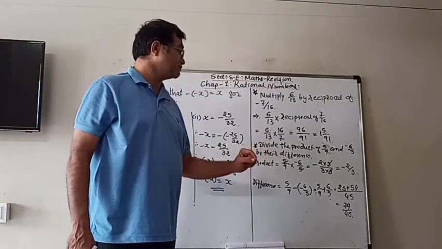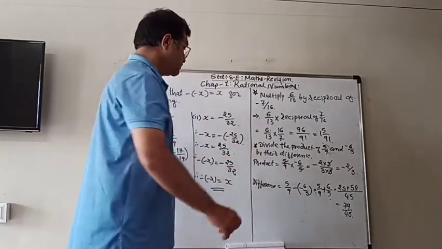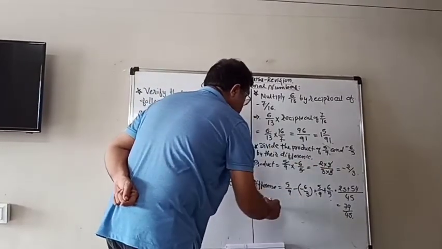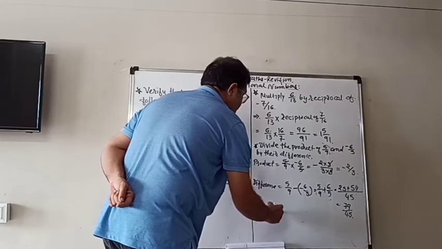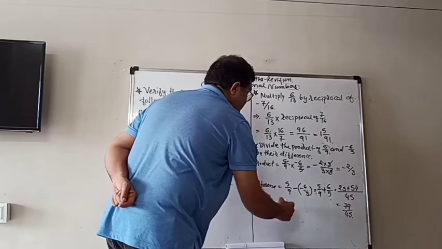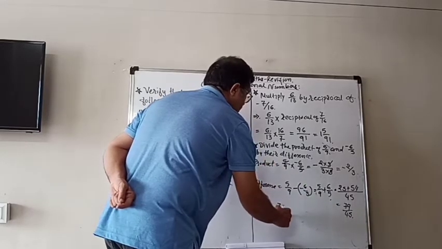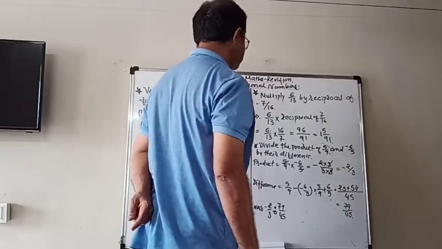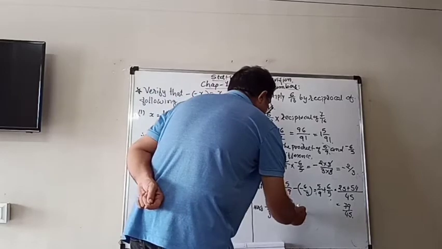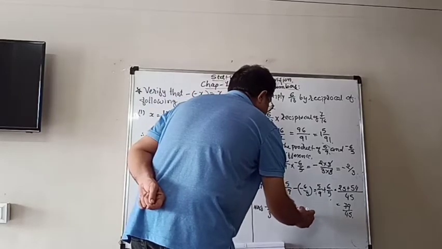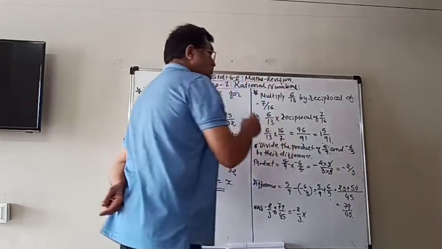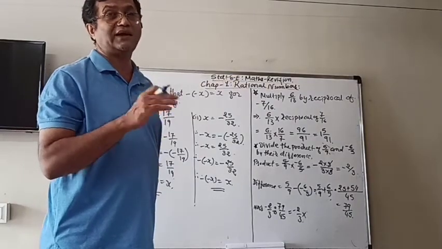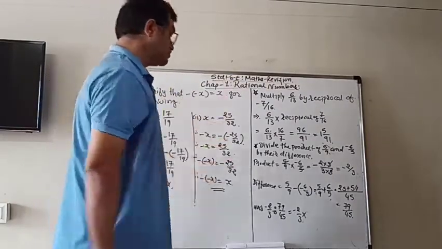The divide means now we have to do minus 2 by 3 divide by 79 upon 45. And that is equal to minus 2 upon 3 multiply, because when we divide, if you turn it into multiply, the next number is inverted.